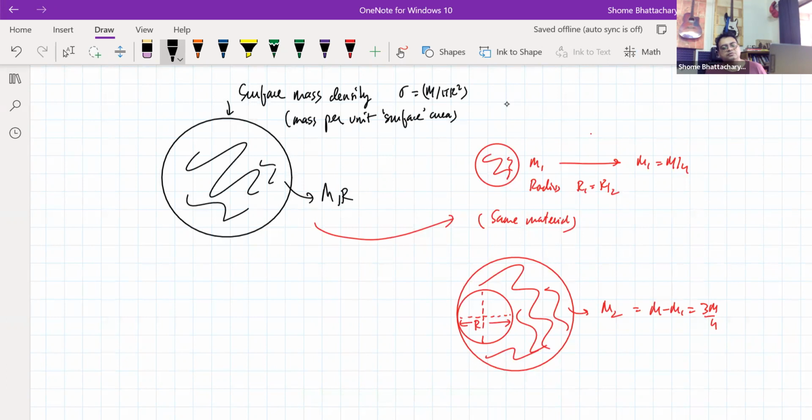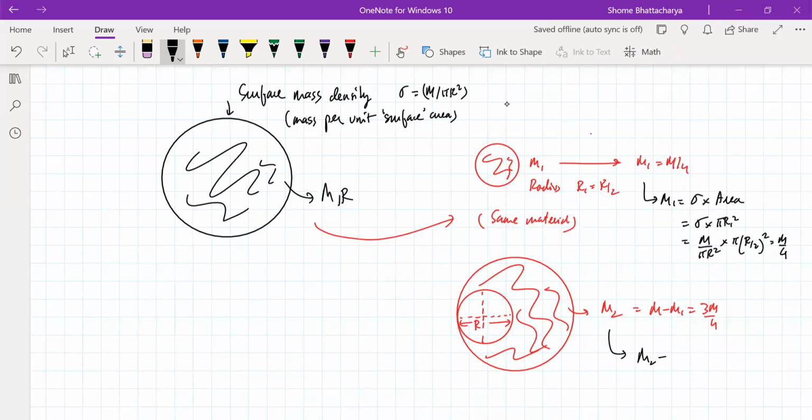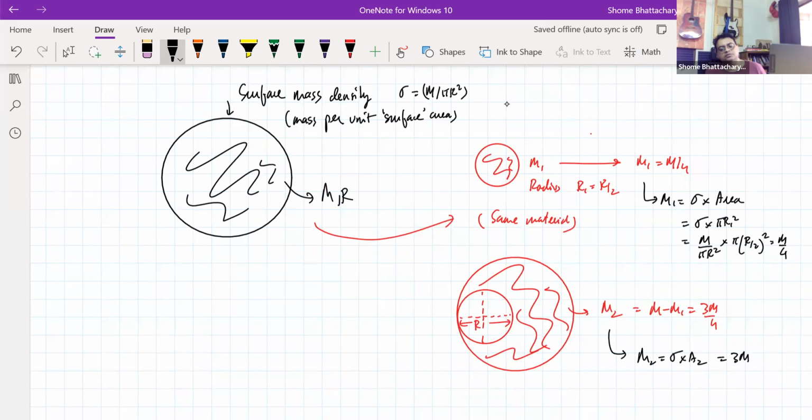So this one's mass m1 will be that same sigma into its area. So you can think of it like this also. That's why this will become 3m by 4. So mass is in proportion to surface area.